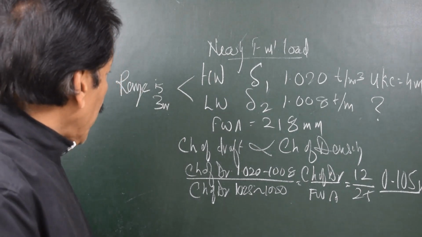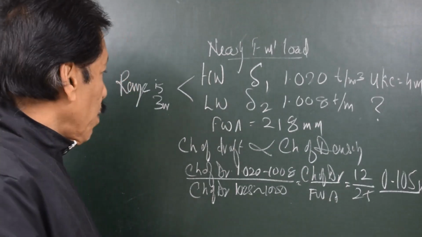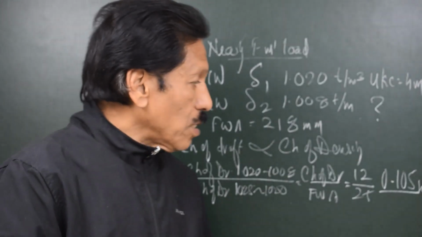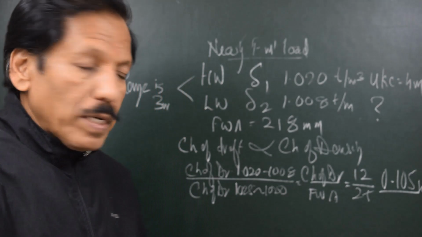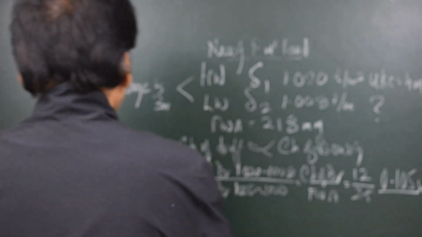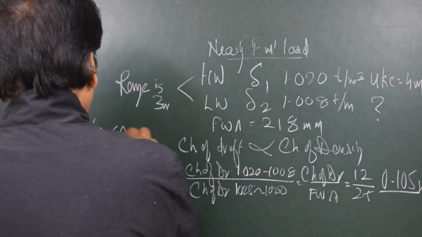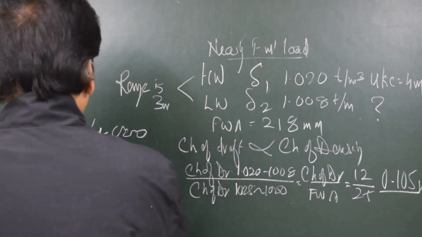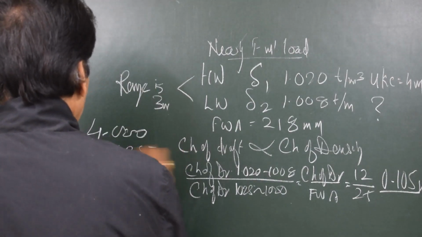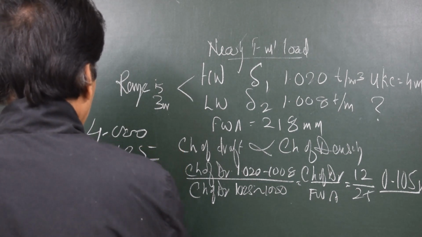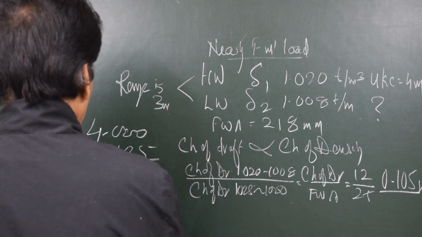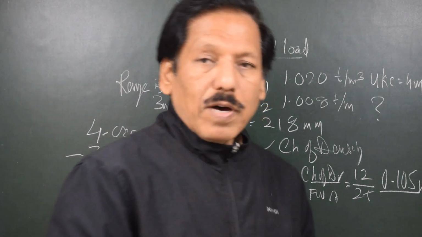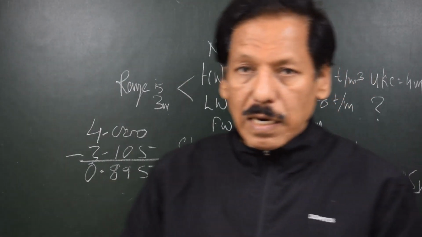That means there is a reduction of UKC by 3 meters. So there is a total reduction of under keel clearance by 3.105 meters. So the new under keel clearance will be 4 meters, which was the initial under keel clearance, minus 3.105, which is 0.895 meters.